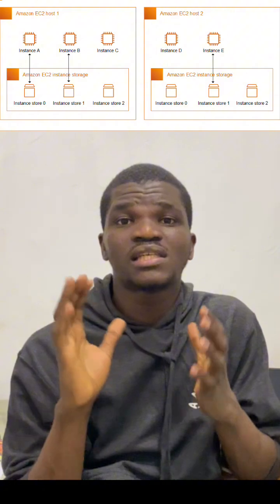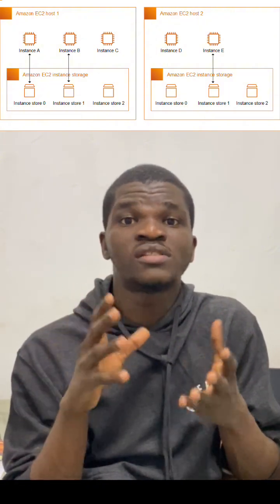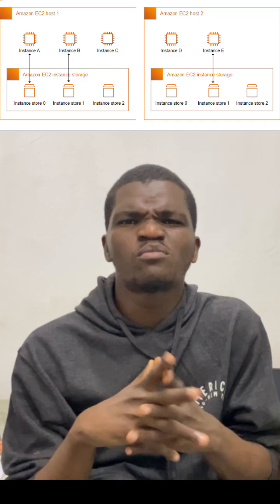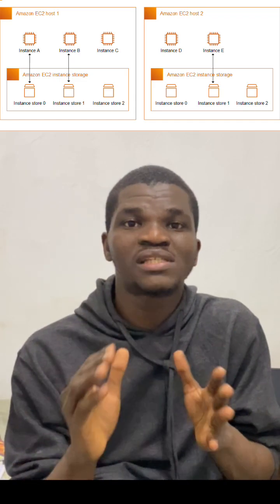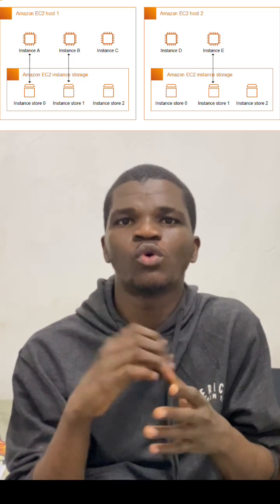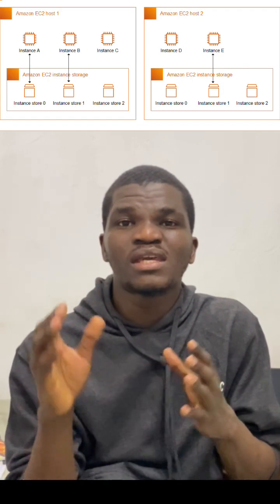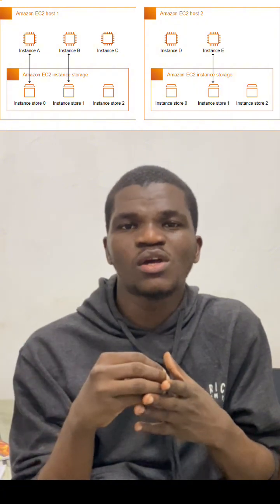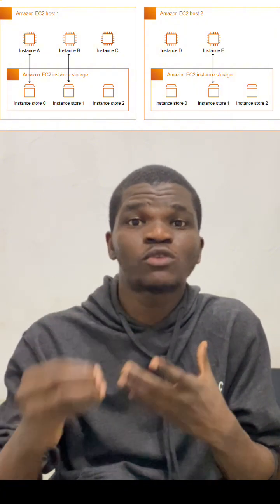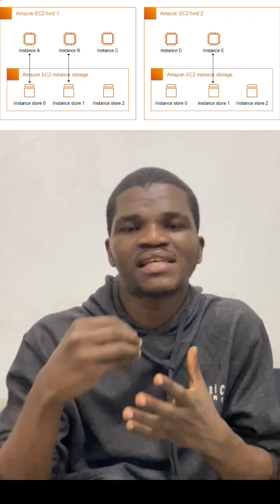We all know that EBS volume is a very good storage for EC2 instance, but the problem is that it has limited performance, and that is where EC2 Instance Store shines most. It is used when you actually need higher performance, when you want your EC2 web server to perform very fast.